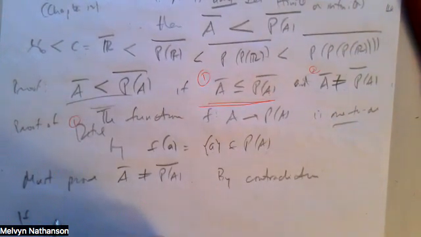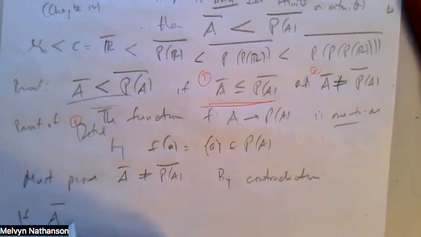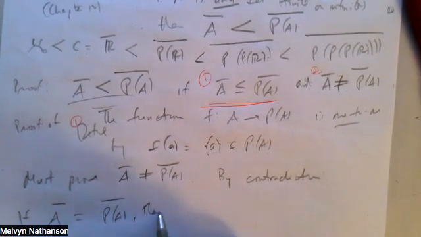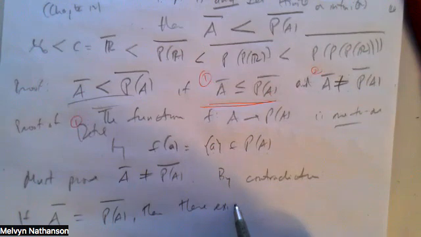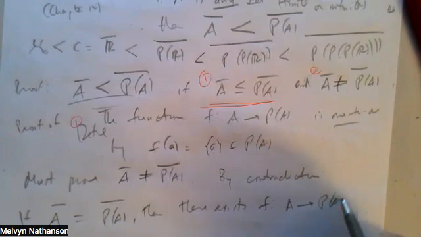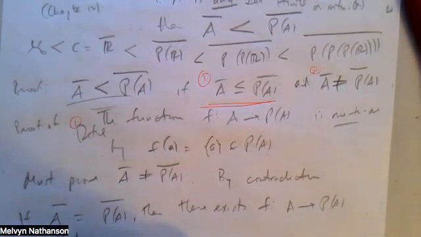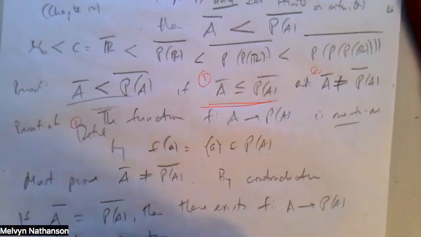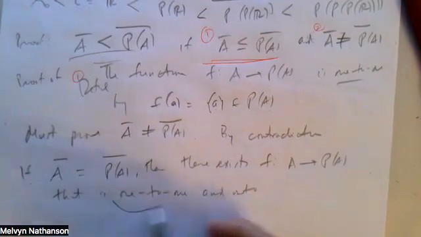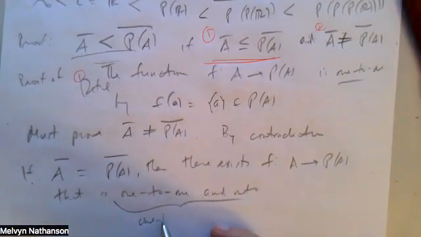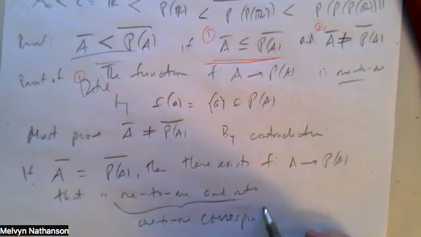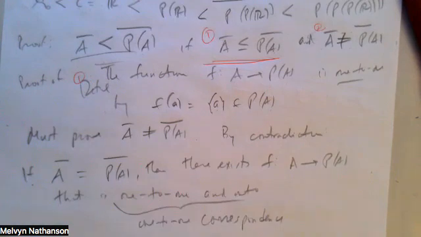If the cardinality of A was equal to the cardinality of P of A, then there exists a function f from A to the power set of A that is 1-to-1 and onto. That is a 1-to-1 correspondence.